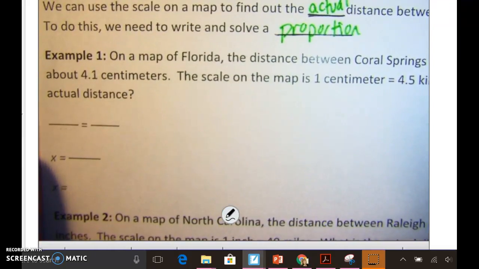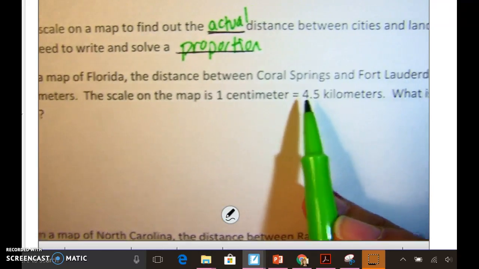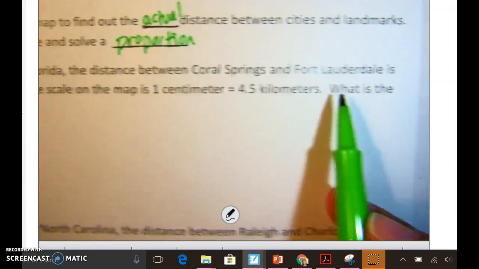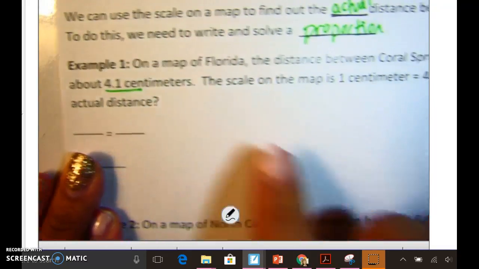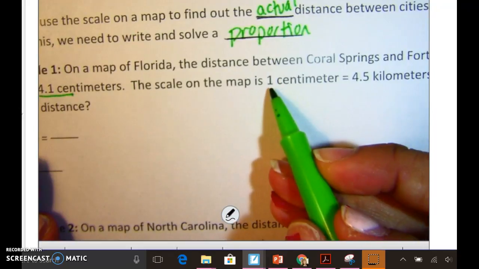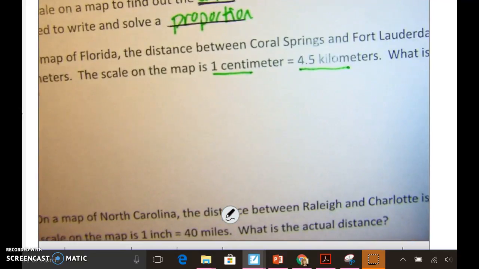So here's the first example. On a map of Florida, the distance between Coral Springs and Fort Lauderdale is about 4.1 centimeters. The scale on the map is 1 centimeter equals 4.5 kilometers. What is the actual distance?